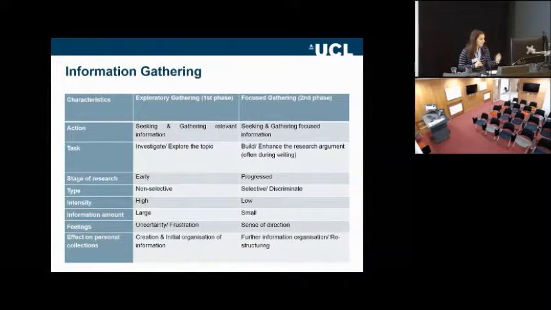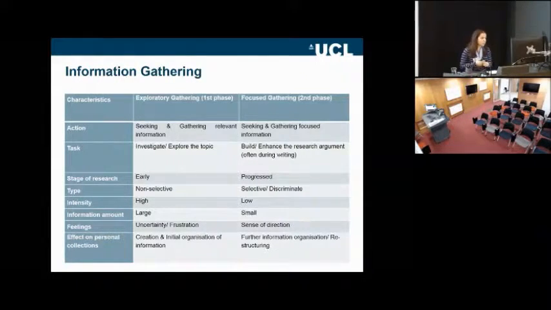When applying this model to what we found through the interviews and observation, we discovered that there are at least two different phases of gathering with different characteristics in the behavior of art historians. The first one takes place very early on in the research process, and its purpose is generally to investigate and explore the topic.